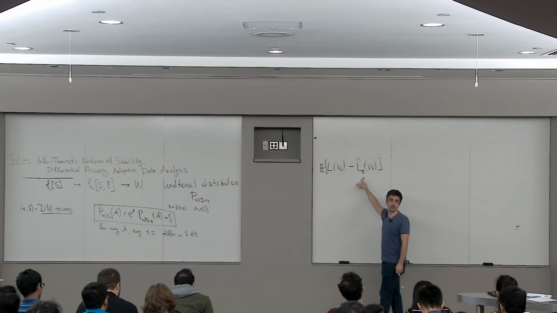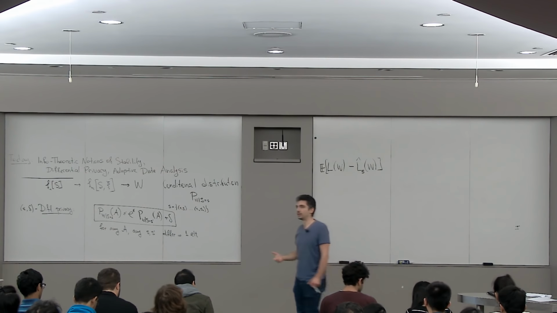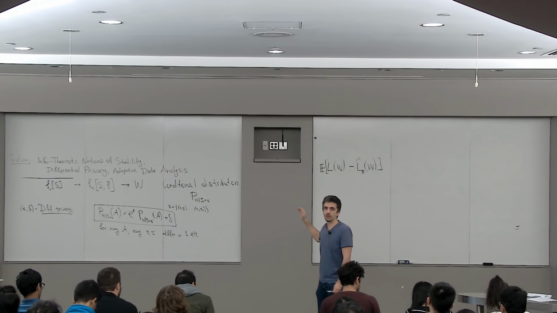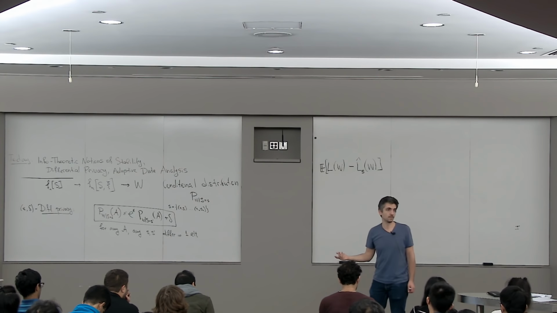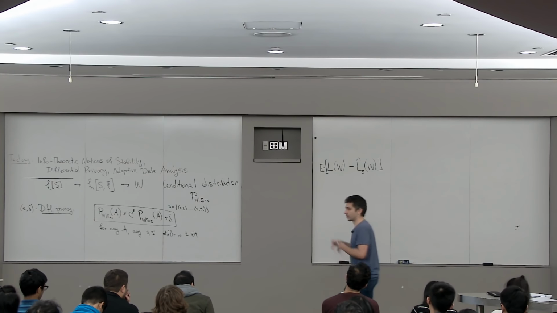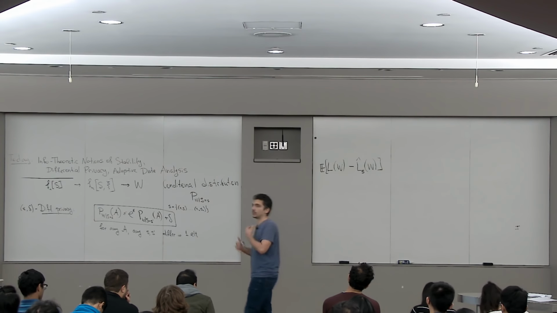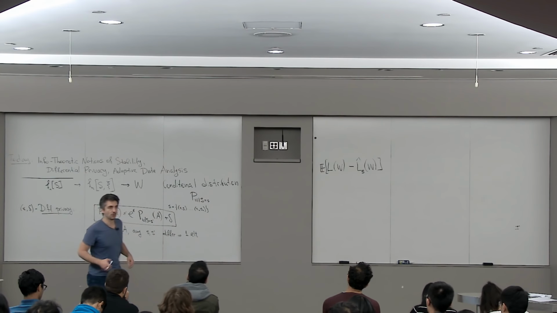So as we already discussed, the issue in bounding this is that W depends on S, and it's being evaluated on the same S. So you're trying to see whether the fit to data is a good proxy for out of sample, but there is a good degree of dependence.